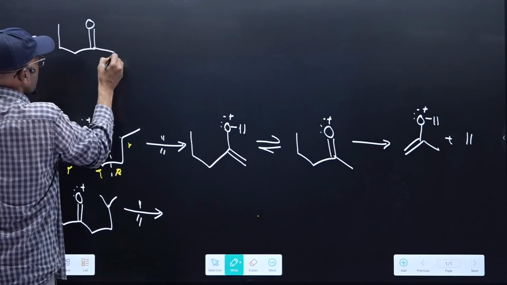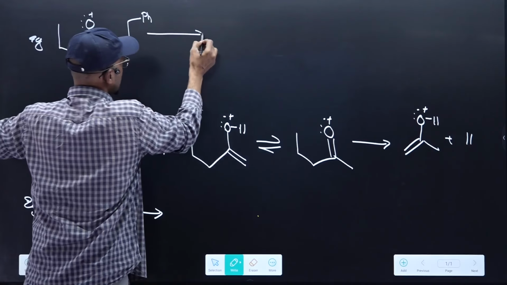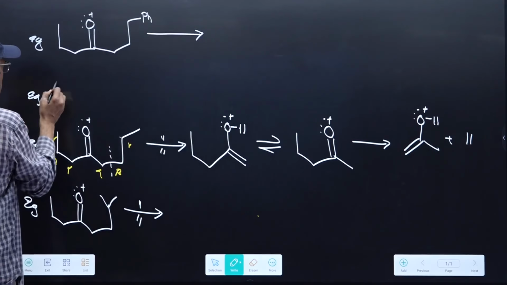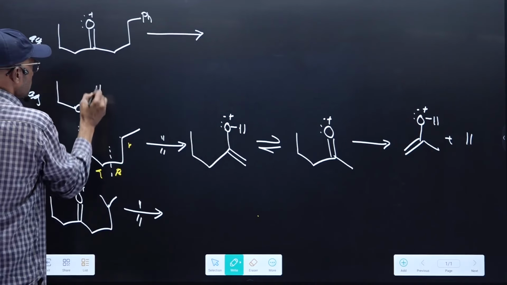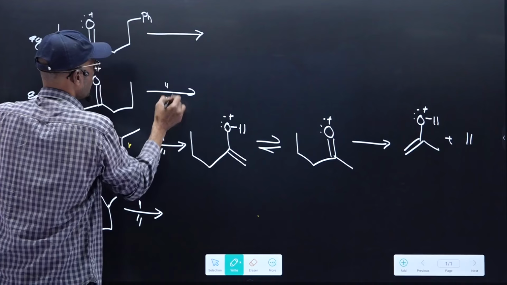This is a double bond and this is Ph. This is a radical cation. So give the double McLafferty rearrangement. This is a radical cation. This one, double McLafferty.